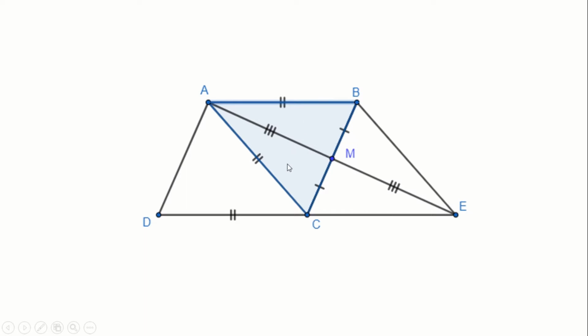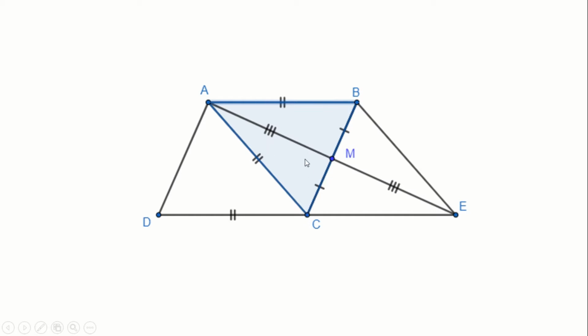Well, in an isosceles triangle, the median issued from the principal vertex, A is here the principal vertex since AB equals AC, the two equal sides are issued from the point A. Well, in an isosceles triangle, the median issued from the principal vertex is at the same time height, altitude. It's also bisector to the vertex angle and perpendicular bisector to the side BC.